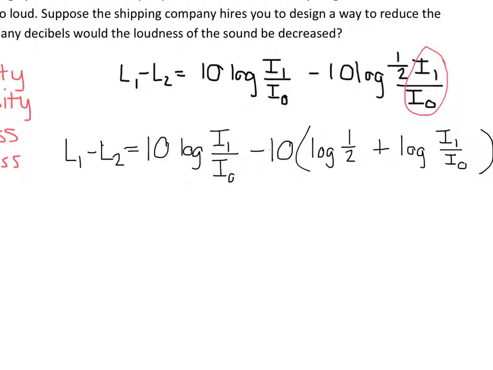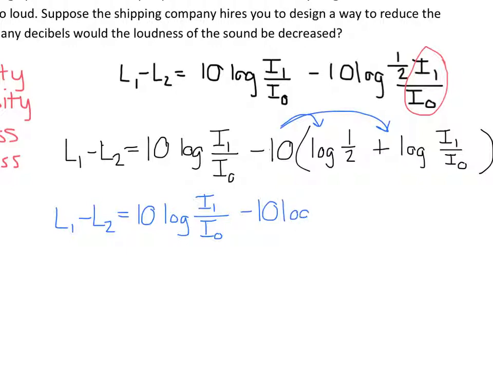Okay, anybody see what's going to happen yet? We're going to distribute the negative 10, so it's going to go in front of both of those. So L1 minus L2 will equal 10 log intensity 1 over intensity naught minus 10 log 1/2 minus 10 log intensity 1 over intensity naught.